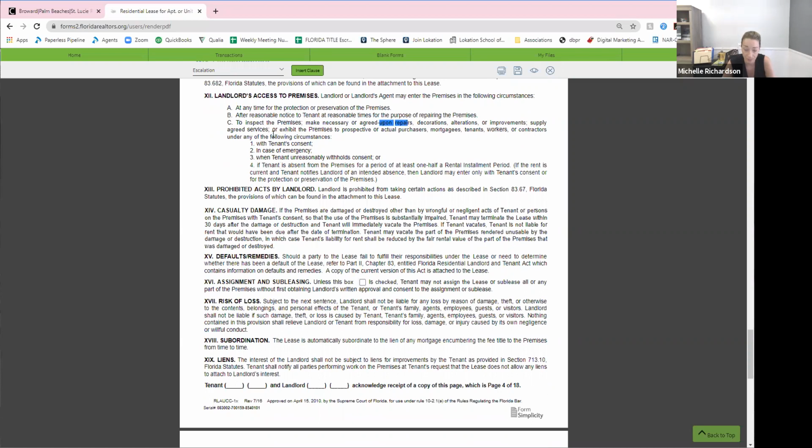So if your landlord is getting ready to list the place by any means, they have to follow these guidelines in order to show the place.